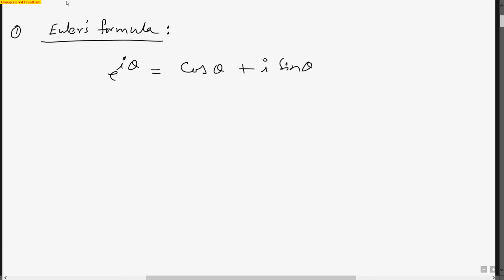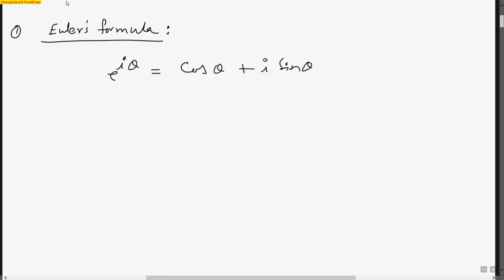We know that whenever a function f of theta has all its derivatives in the interval a to b, and the first derivative of the function becomes 0, then that function should have a constant value in that interval.